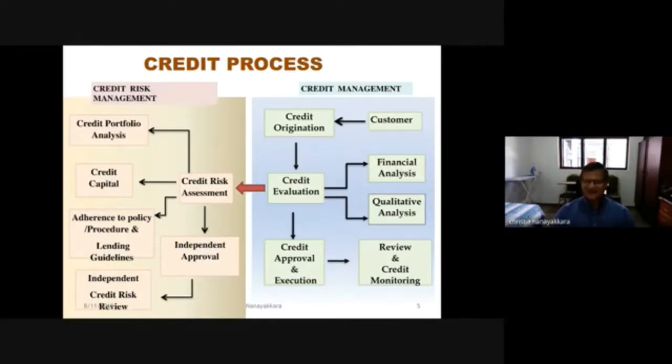Now, granting of that facility doesn't end there. The business unit will review these facilities at least once a year, and the credit risk department will do a credit risk review of at least 35% of total facilities granted by the bank every year, so that monitoring is taken care of. So this is the credit process.